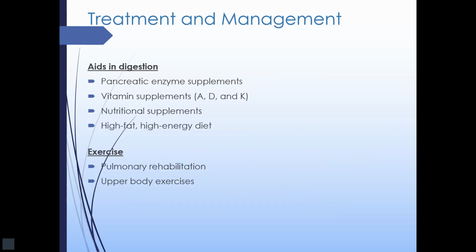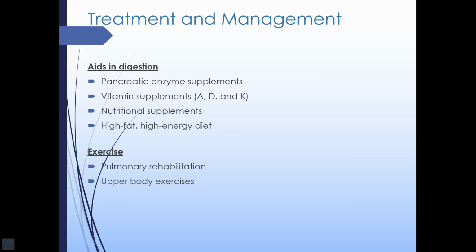On the digestive side, CF is a complex multi-system disease that requires many different therapies, and the maintenance of adequate nutrition is a vital part of CF therapy because CF patients generally have a hard time gaining weight. If they are continually losing weight, it's hard for their body to maintain its physiologic status.